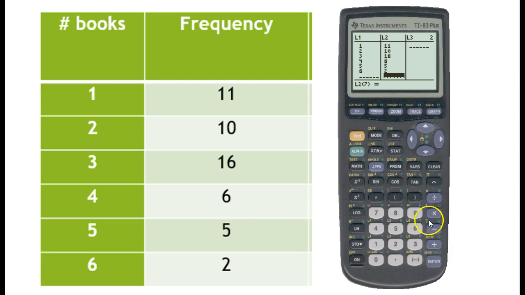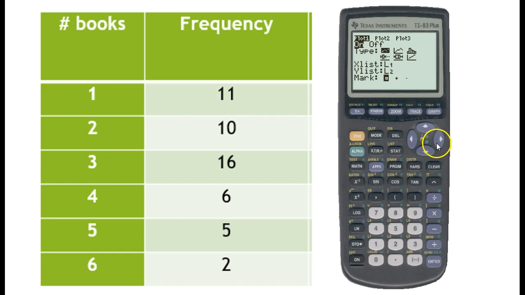We are going to then hit second and stat plot. Stat plot is right there. We're ready to graph it. We want to graph in the first one, so we will hit enter to select that. It says plot right now, off is highlighted, hit enter to highlight on.